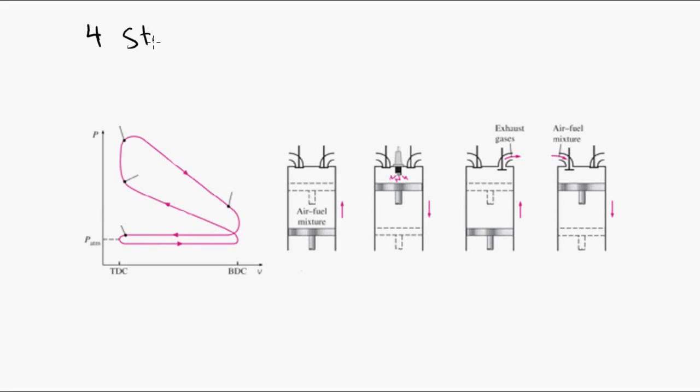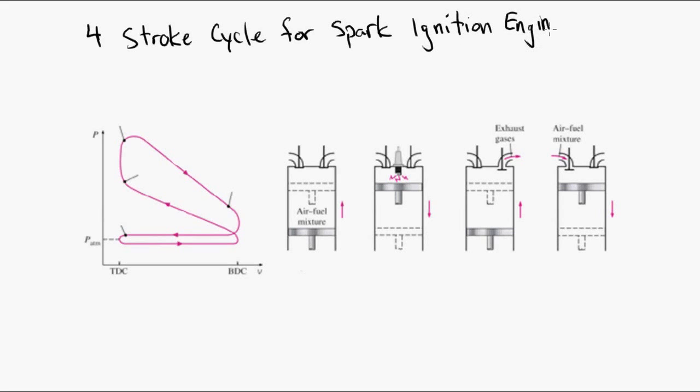This is the 4-stroke cycle for a spark ignition engine. You can see the PV diagram on the left, and on the right the 4 stages, or the 4 strokes.